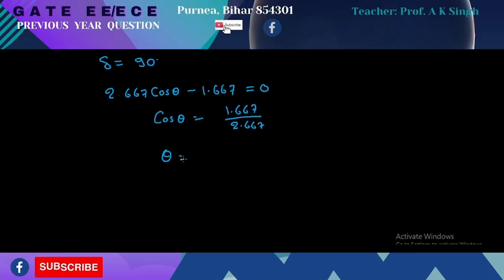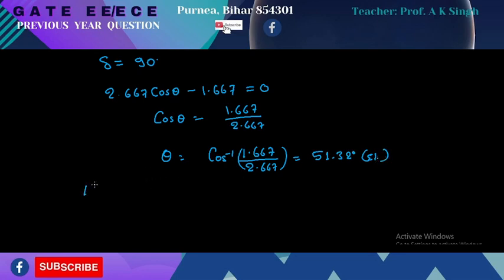So the value of theta is equal to cos inverse of 1.667 divided by 2.667, that is equal to 51.32 degrees. Obviously this is in electrical angle.